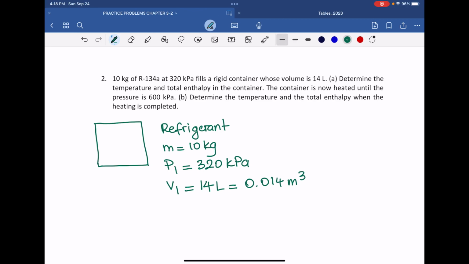So let's see, determine the temperature and total enthalpy in the container. So temperature and the enthalpy. The container is now heated until the pressure is 600 kilopascal.